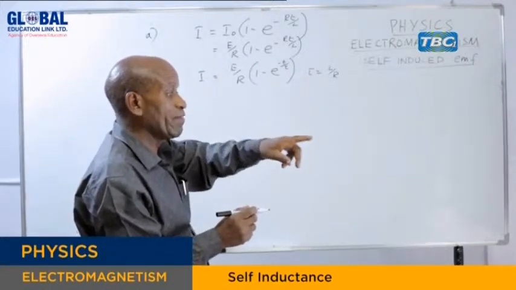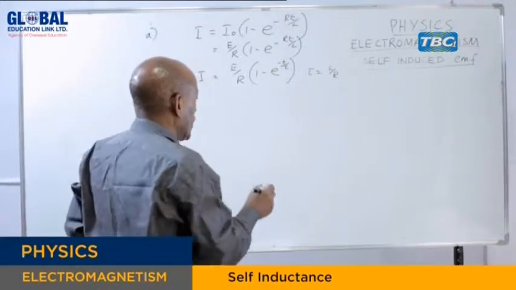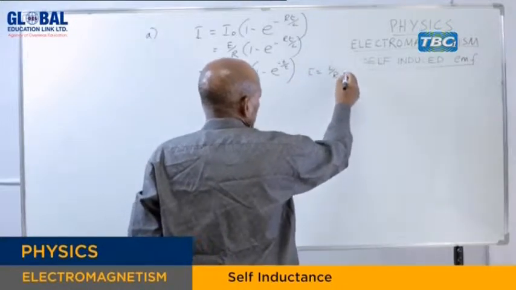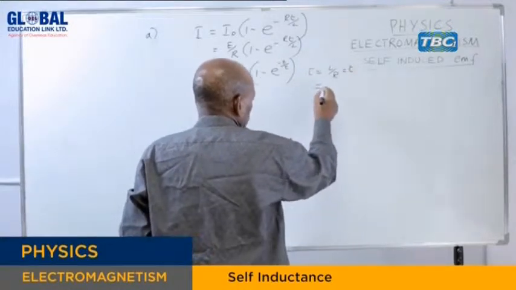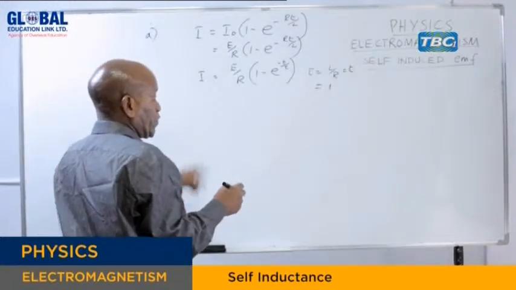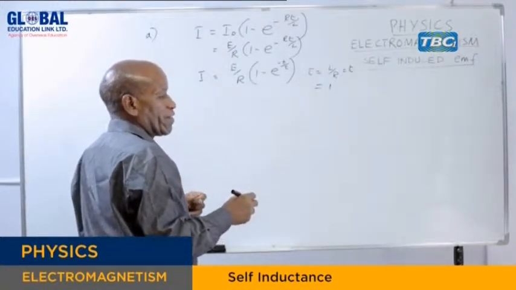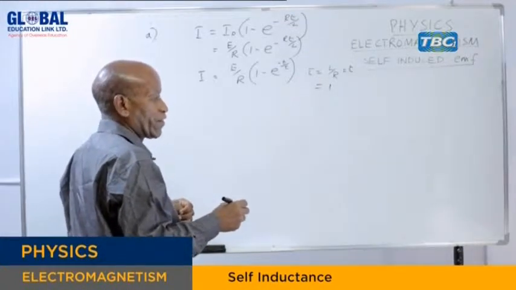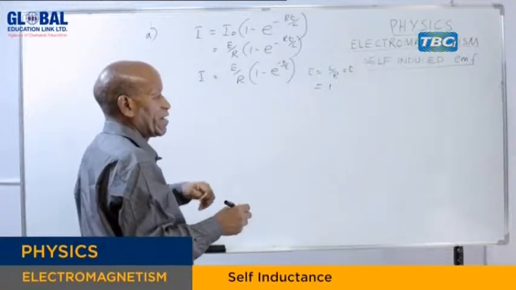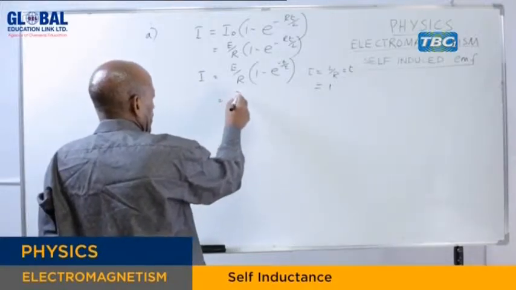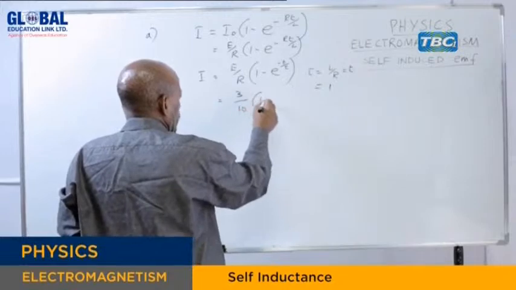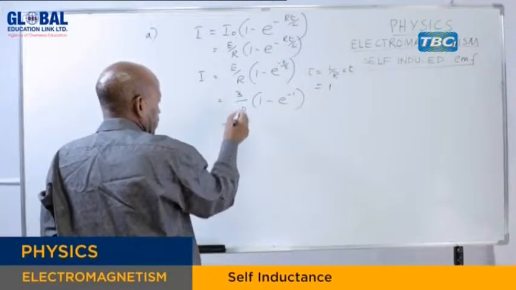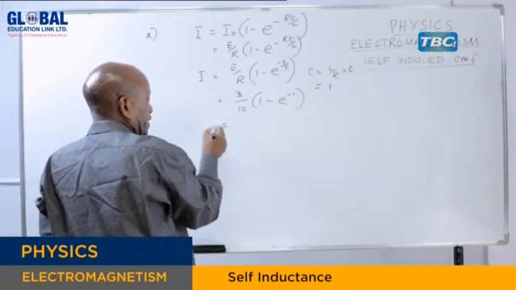We have been given 1 inductive time constant, so t over tau is equal to 1. If we substitute E, which is 3 volts, and R, which is 10, we get 3 over 10 into 1 minus e power minus 1. From there we can compute the current I.